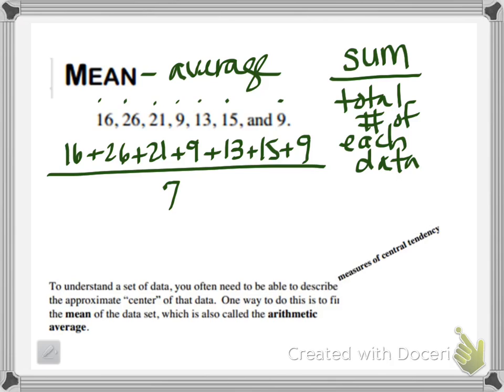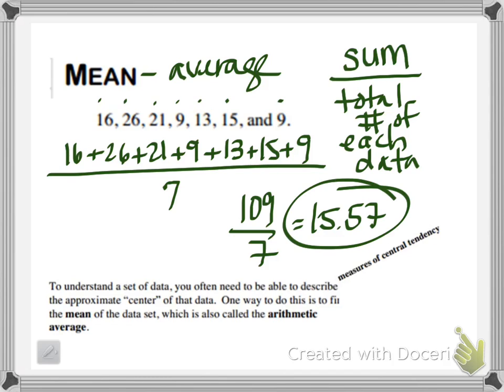So let's add it up. That equals 109, divided by 7. Let's see what we get. We get 15.57. So our mean, or our average, of our data points here is 15.57.